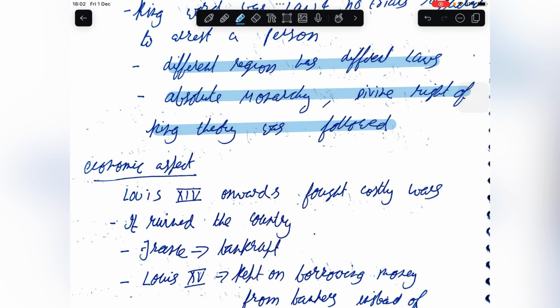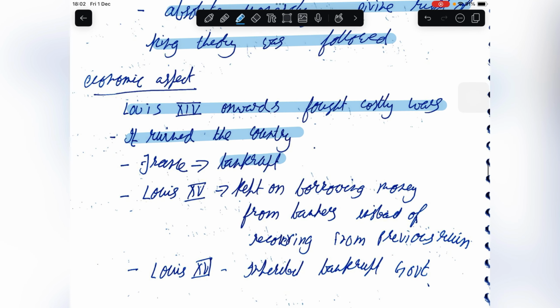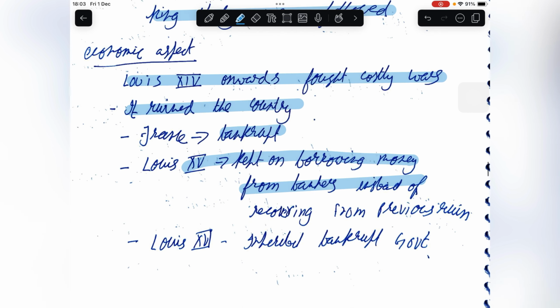So, the economic aspect of the French Revolution. From Louis XIV onward, they fought costly wars. War is always costly, remember that. It ruined the country and France went bankrupt. But Louis XV kept on borrowing money from bankers instead of recovering from the losses of the wars.